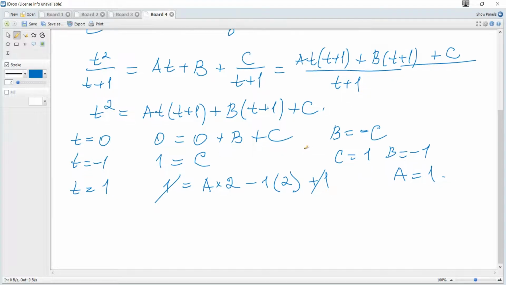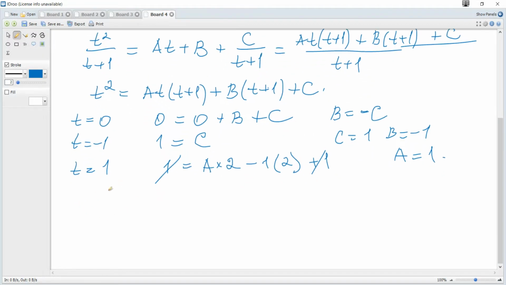Or I can get this result in another way. I can subtract 1 and add 1 in the numerator. It's the same, but why do I do that?